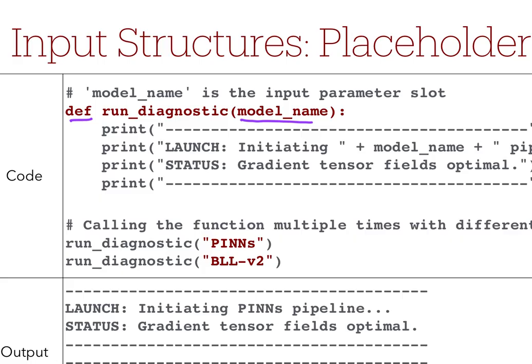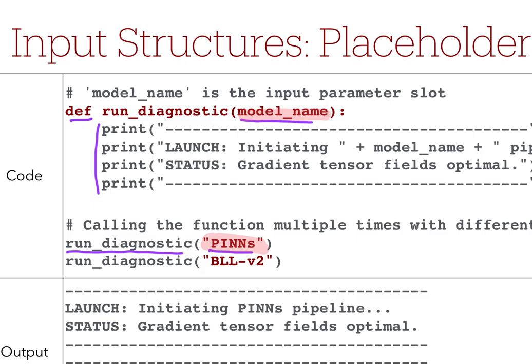So this function will perform the task defined by 4 print lines. Then if I call run diagnostic with a certain text string, this pins, this is an argument the user provides. Model name is a parameter, that is a placeholder.